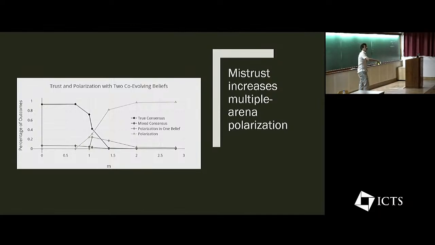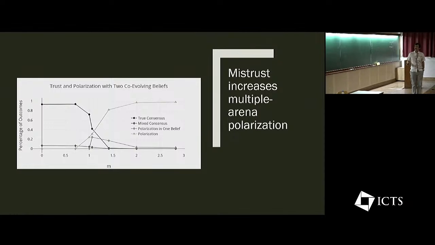Those who think arm A is better do it with credence below whatever cutoff determined by M makes it such that they aren't listening to the other agents any longer. And so this particular graph is for a no anti-updating scenario. In this multi-belief framework, we also look at the anti-updating case. But this is with no anti-updating.